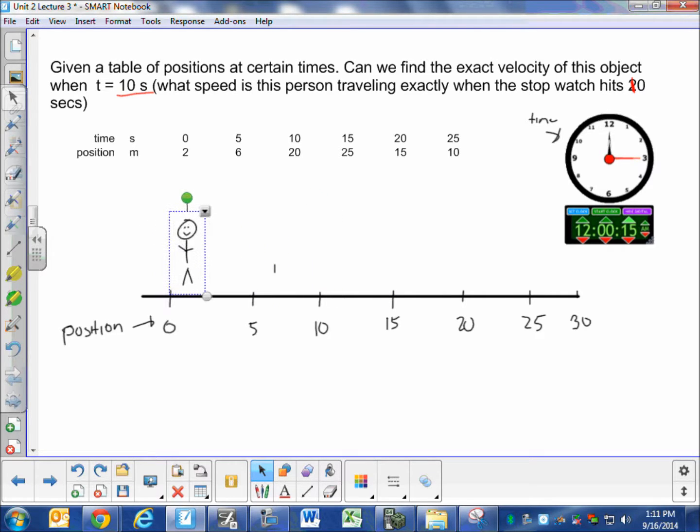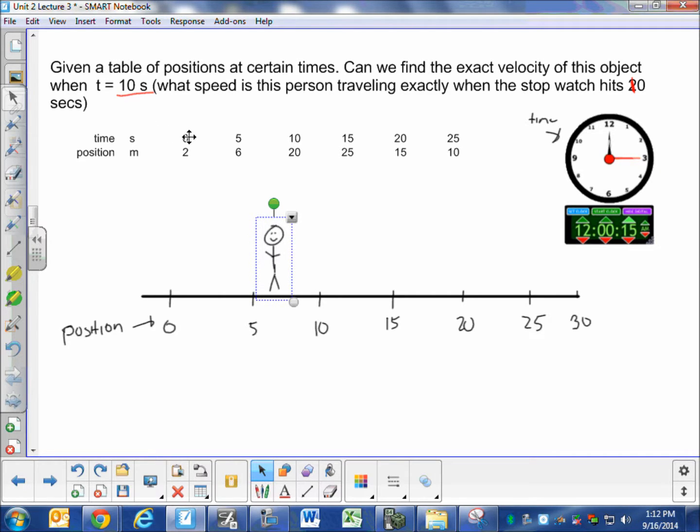However, do we know exactly how this guy moves to all of these positions? No. Between this 0-second and this 5th second, going from 2 to 6, he might sprint all the way down and then come back and stop at 6. You don't know that.